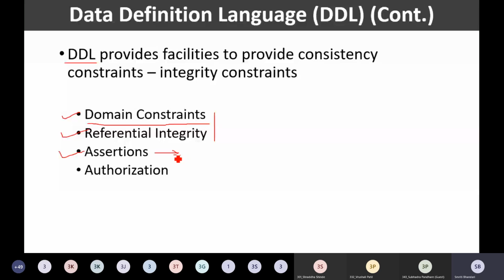We are not going into the details of assertion. I'm just giving you one example. If we want to impose a condition like every department must have at least 5 courses offered every semester, I'll repeat, every department must have at least 5 courses offered every semester.